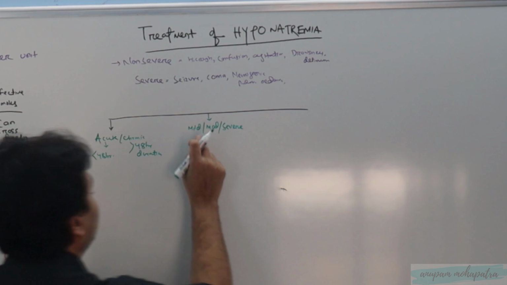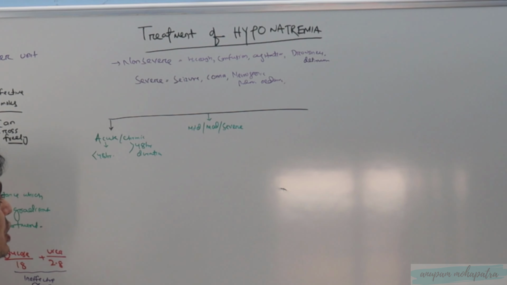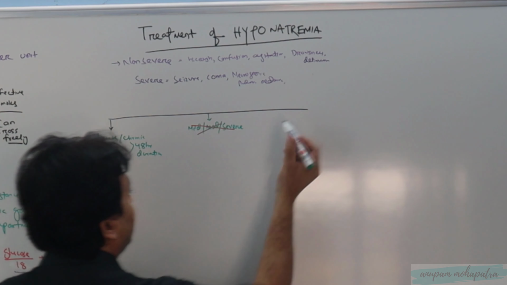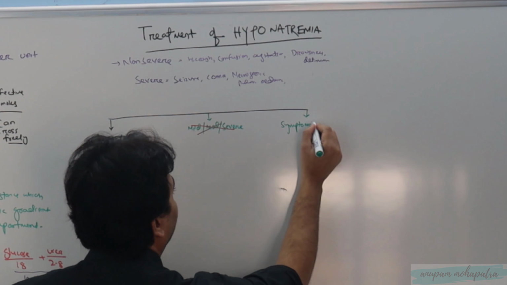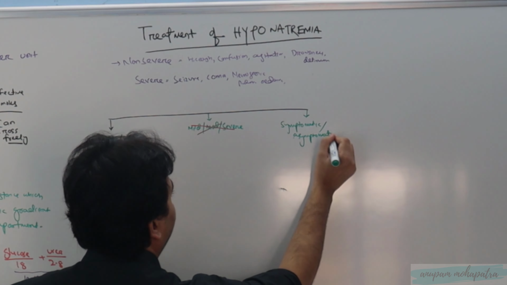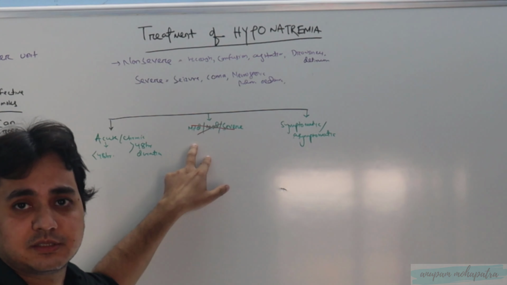Now you will find this in different books, a sodium from this level to that level, and for me it does not hold any significance, so I do not consider this. And third is the important thing, that is whether it is symptomatic or asymptomatic, right? Because if it is symptomatic, then whatever be the level of sodium in the blood, it is severe. If it is asymptomatic, whatever be the level of sodium in the blood, it will be non-severe, right?